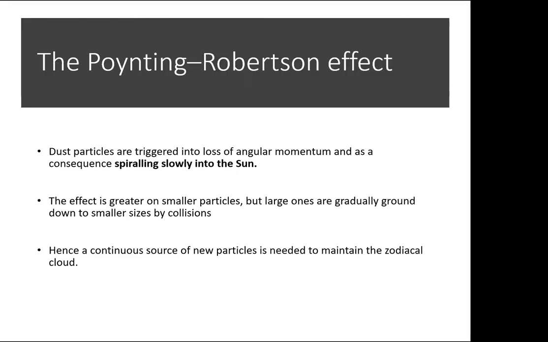What happens is that dust particles that are orbiting around in the solar system are forced to gradually spiral in towards the sun, and it's the effect of sunlight on them. It causes them to lose angular momentum and thereby fall onto ever decreasing orbits, therefore spiraling in.